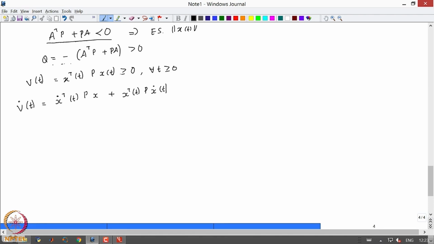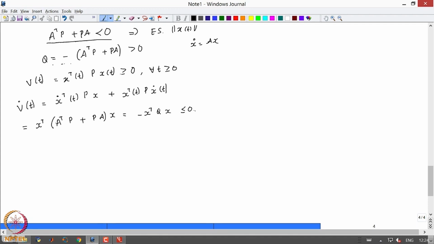Okay. Now what is x dot? x dot is always A x. So what I get here is x transpose A transpose P plus P A x. What is this? Minus x transpose Q x, and this is less than or equal to 0.